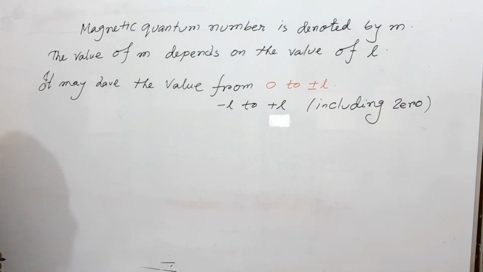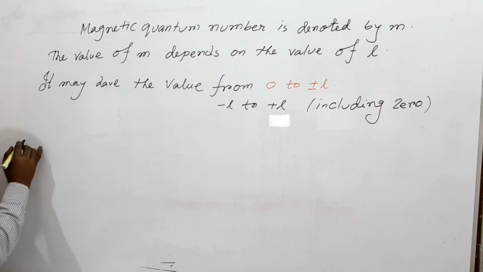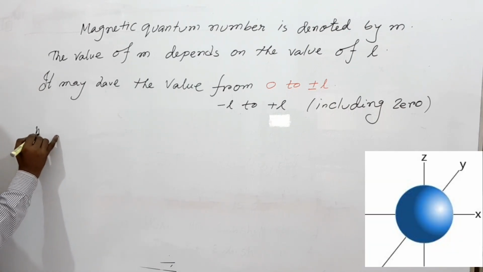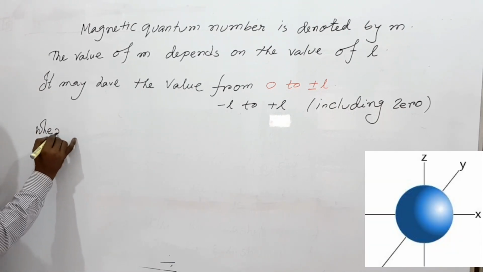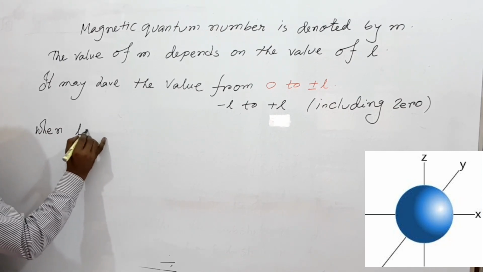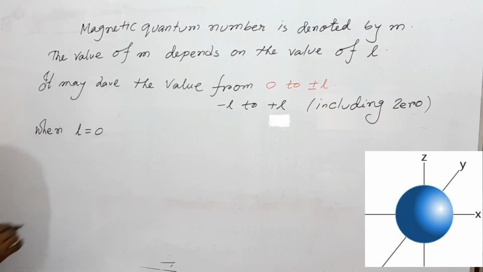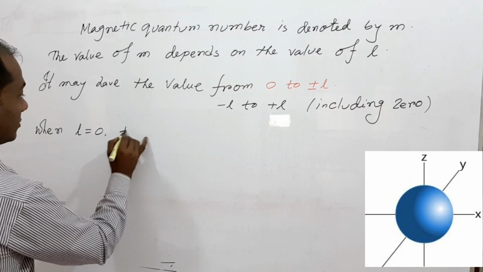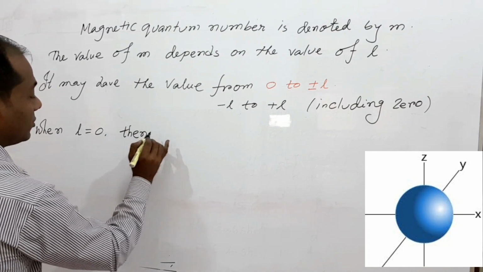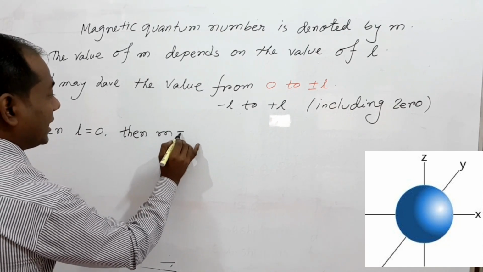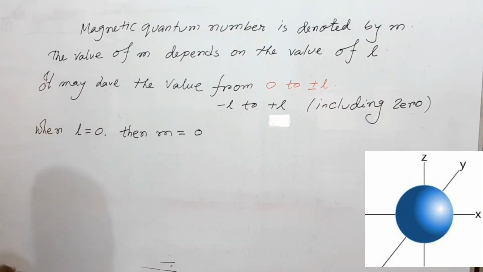So according to our discussion, we can say that when L equal to 0, then M equal to 0.